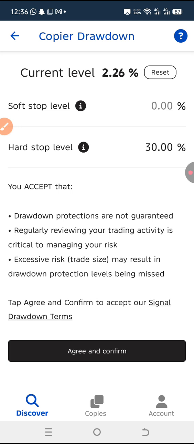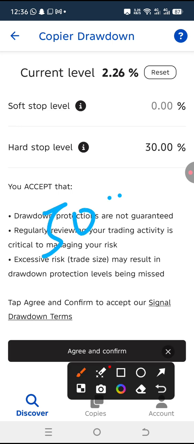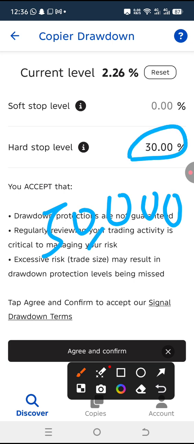But if you feel like you want to adjust it to probably 20% or thereabout, but you're on 500 and you put it to 20%, that simply means this will not even activate because the system will automatically activate for you. How do I mean? The system is putting in 21% while you are putting in 30%. So automatically you might not need to put it there. But just for your sake, you can put it at 20% to 30% if you are on 500 and above. So that is it.